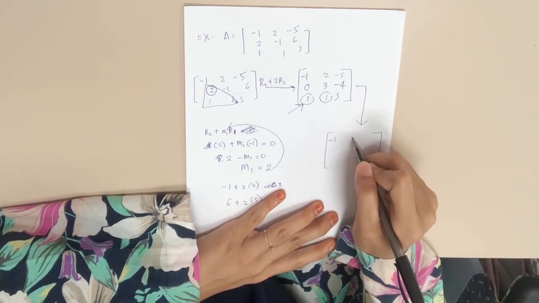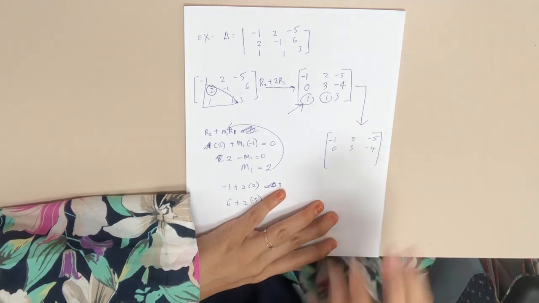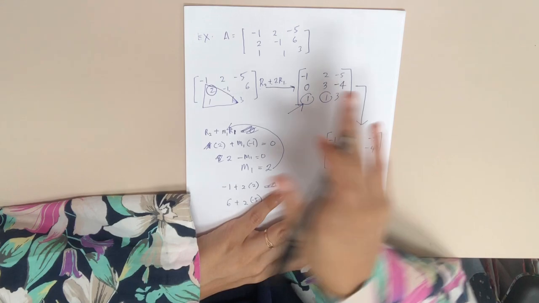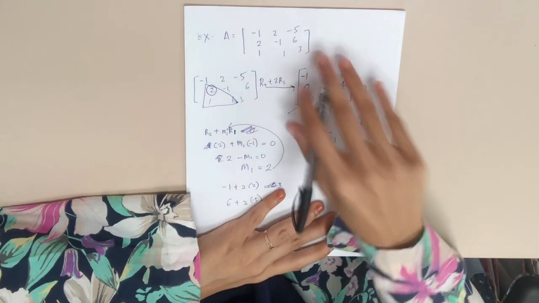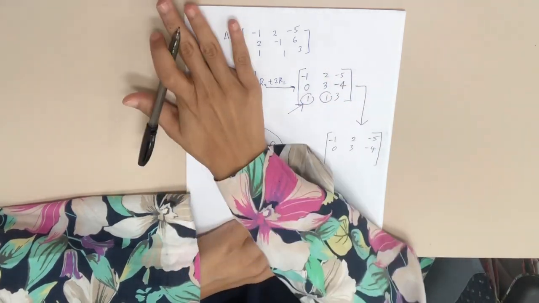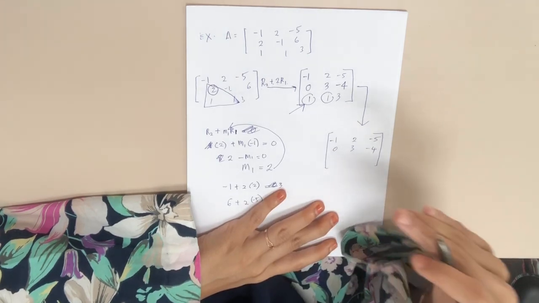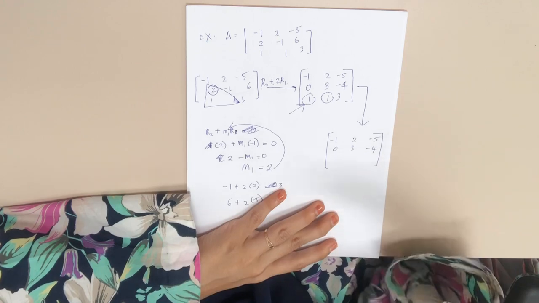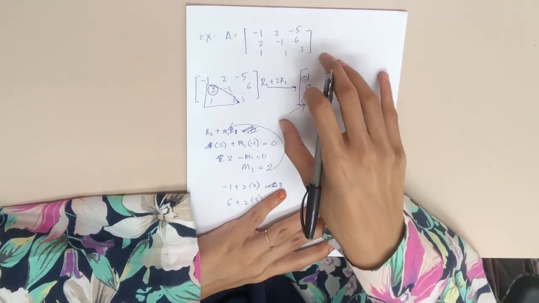Therefore, row 1 and row 2 remain the same. Remain the same means you take it from the new matrices, not the original one. So the third one you take from here, not from here. This one dah tak guna. You need to use the matrices that you update. Setiap kali you dah dapat matrix baru, we will take that one.